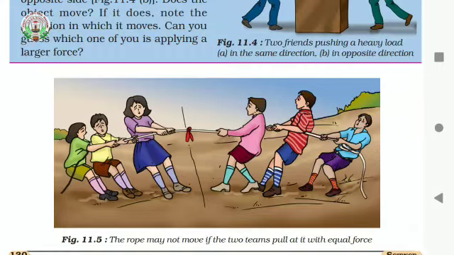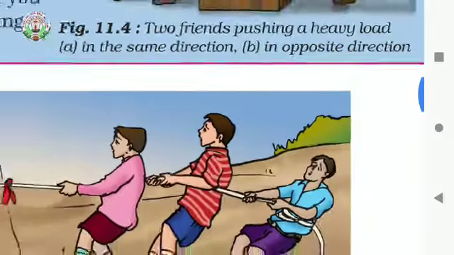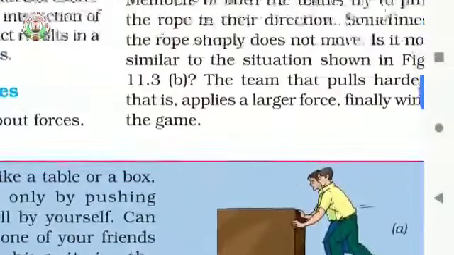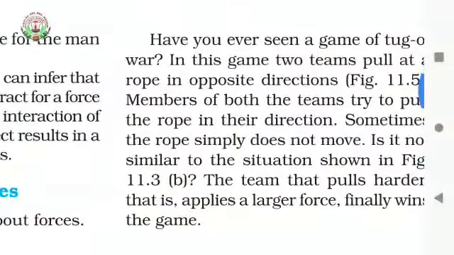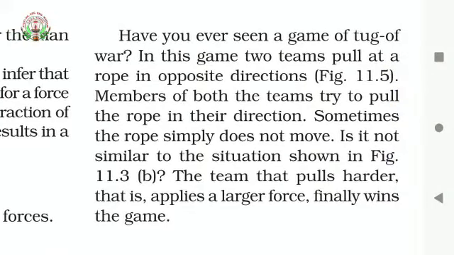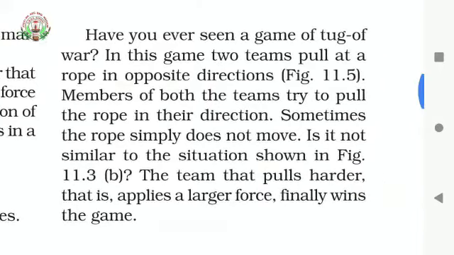Another example, have you ever seen a game of tug of war? In this game, two teams pull at a rope in opposite directions. Members of both the teams try to pull the rope in their directions. Sometimes the rope simply does not move. Why?